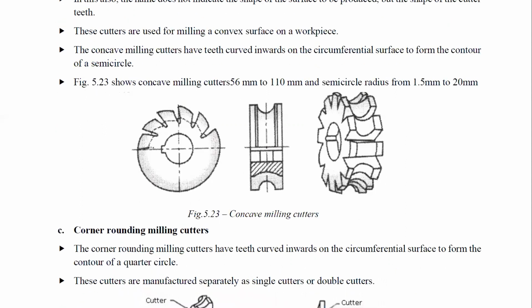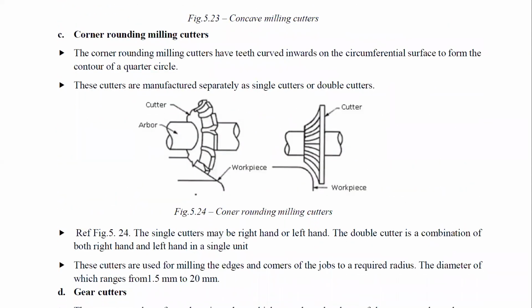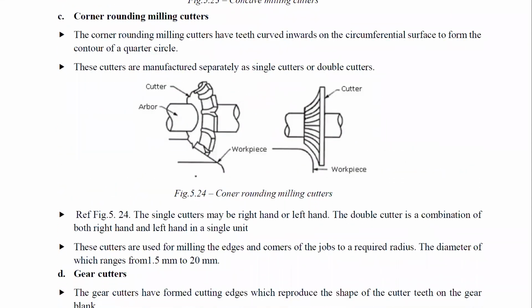So next one is the corner rounding milling cutter. The corner rounding milling cutter has teeth curved inward on the circumferential surface to form the contour of a quarter circle. These cutters are manufactured separately as single cutters or double cutters.